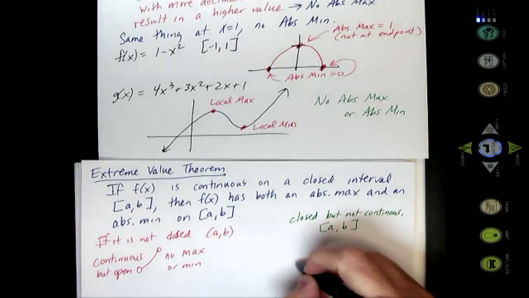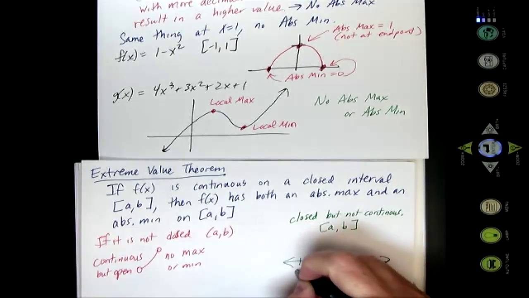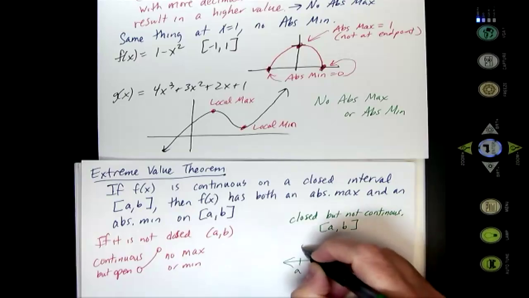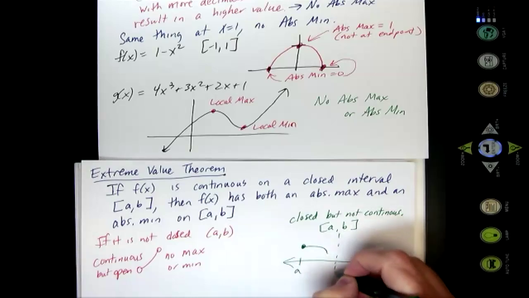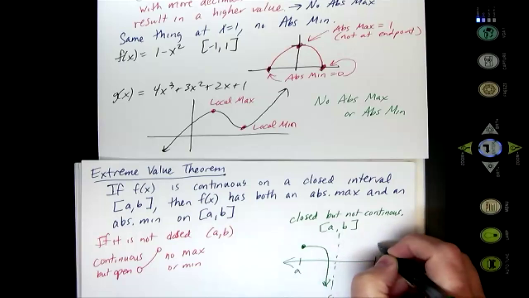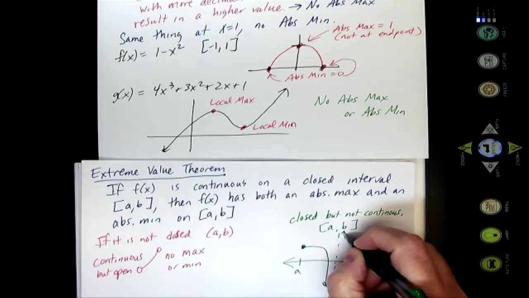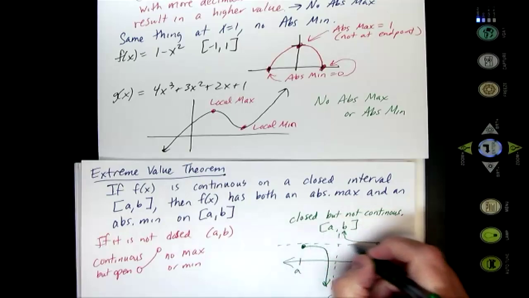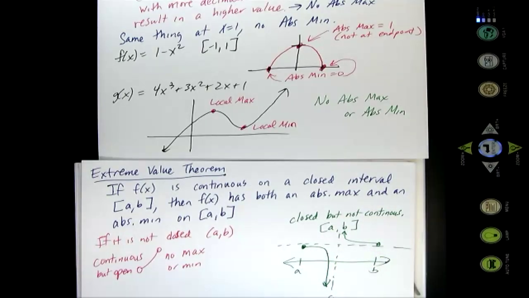A is here, B is here, and I could have something doing this at some middle value C, and over here it's doing that. But there is no max or min because this is going to infinity in the middle. It's got a positive infinity and a negative infinity. And the problem is the continuity, it's not continuous.